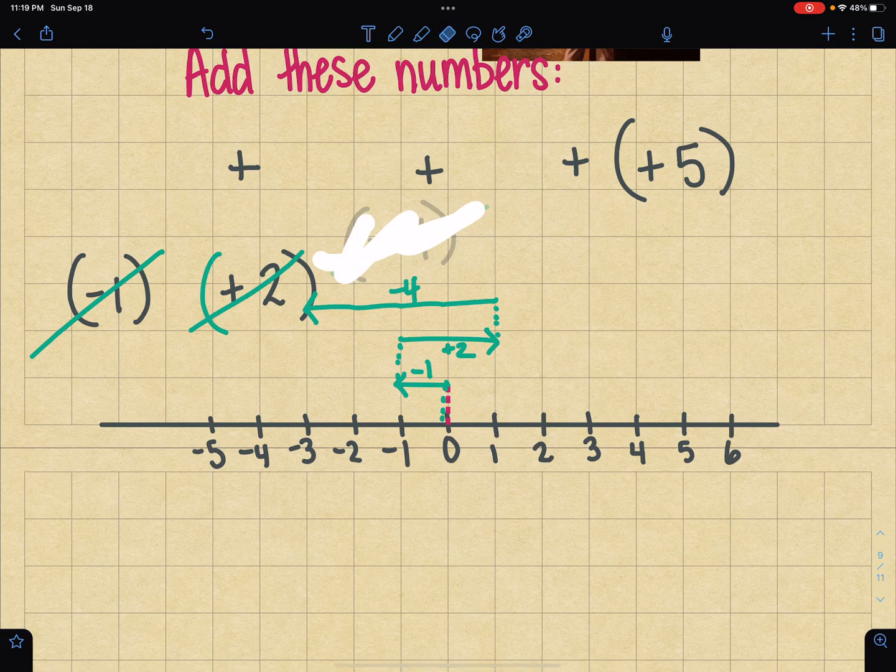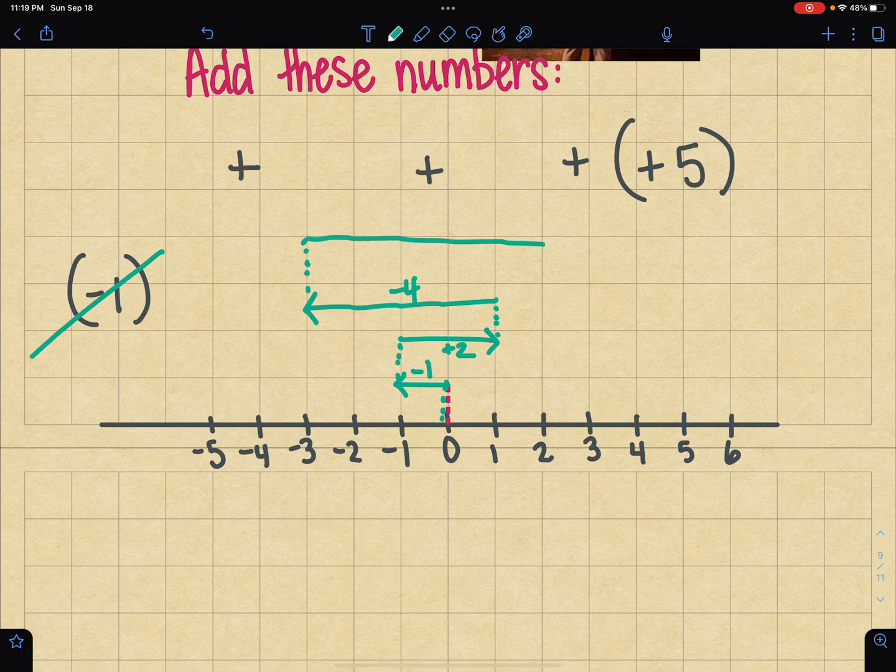So let me erase some of this so it doesn't get too messy. We're going to go up, and then we're going to add +5. 1, 2, 3, 4, 5. Boom. Guess what? We ended up at that +2. The answer was +2. It's always +2. It doesn't matter the order. That just shows that the commutative property is true.